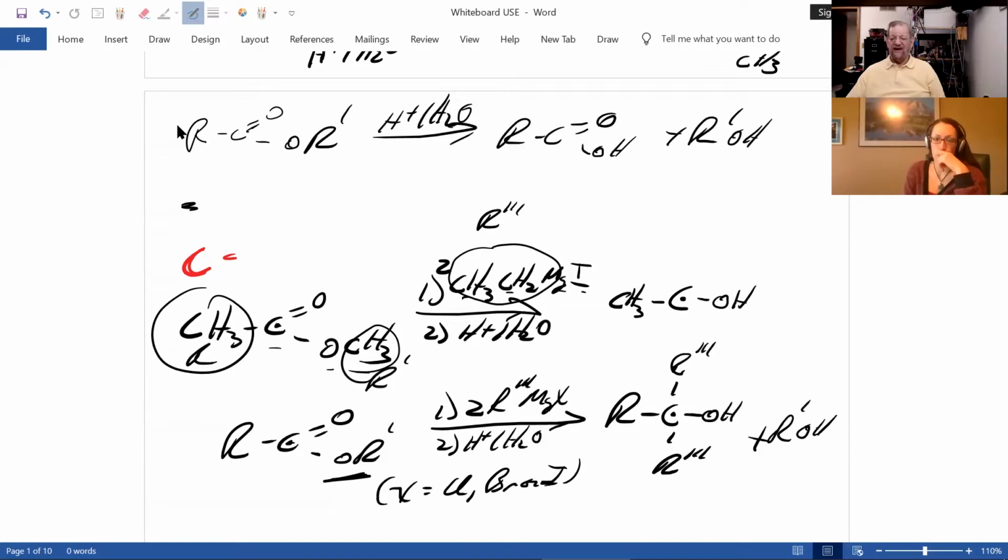And then I'll have my 2 R triple prime, which in this case is ethyl. And then my R prime for my ester, the oxygen, becomes a second alcohol.